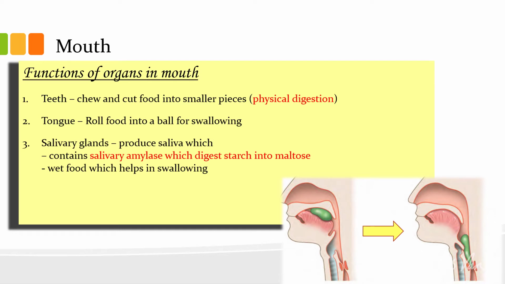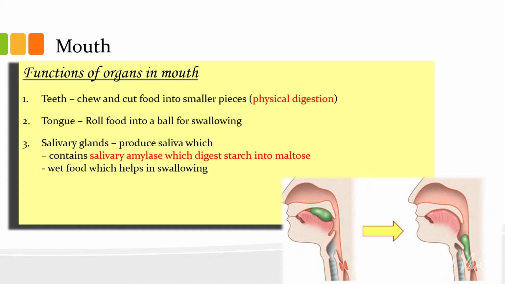Inside our mouth, there is also the salivary gland, which, surprise, surprise, produces saliva. Inside our saliva, it contains this enzyme known as salivary amylase. This amylase will digest the starch into maltose. Saliva also wets our food so that it can easily be swallowed.